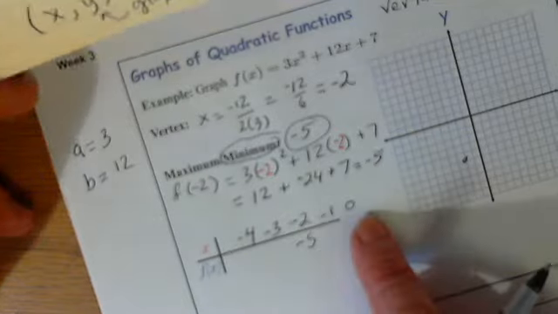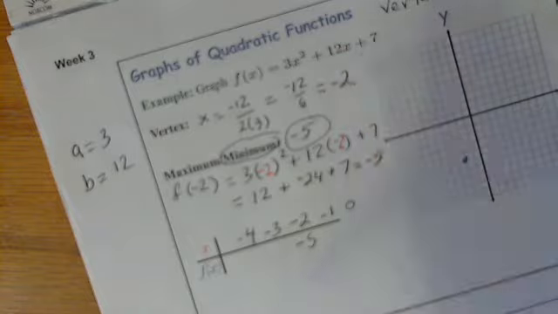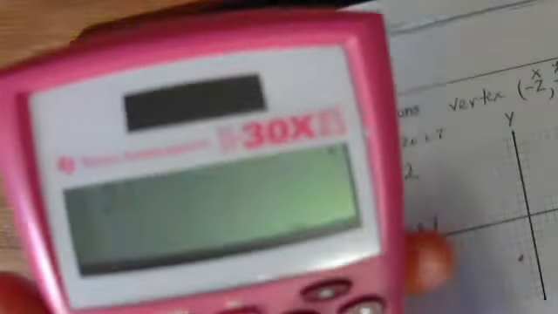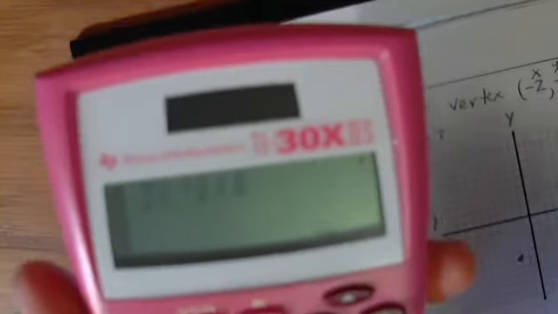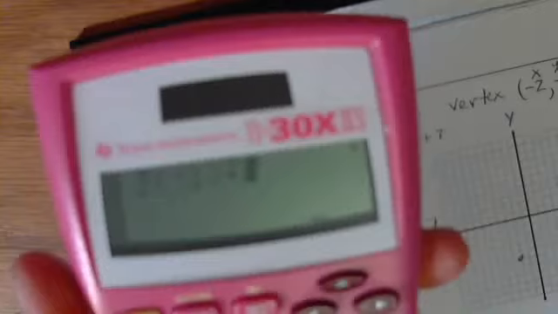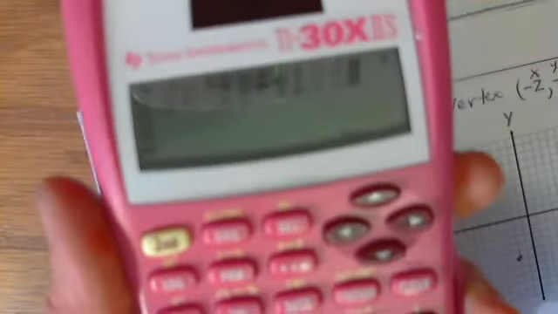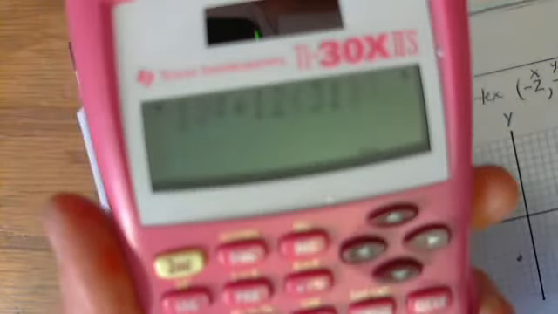Now I'm going to find the outputs for these. And you can use your calculator, or you can do it by hand. Let's practice using the calculator this time. Let's start with the negative 1. So here's our function, 3 times negative 1 squared: 3, parentheses, negative 1, close your parentheses, square it, and then we've got plus 12 times negative 1: plus 12, parentheses, negative 1, close your parentheses.